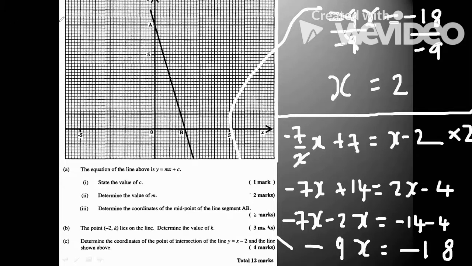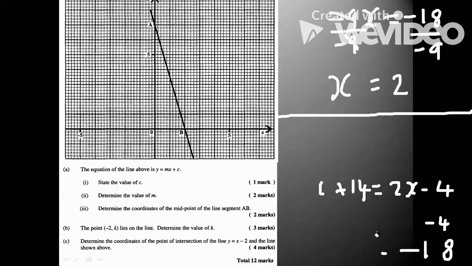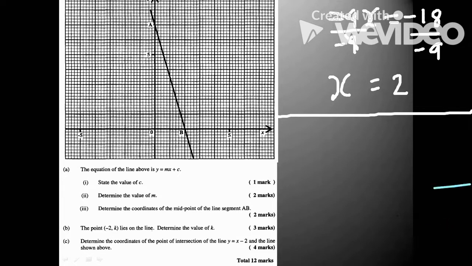Now, to find the corresponding y value, we're going to choose one of these equations. Well, this is the simplest one. It seems as if we're doing something like a little simultaneous, not true?